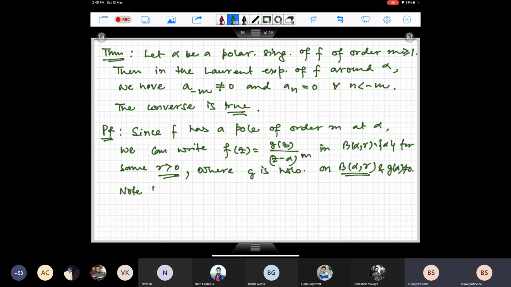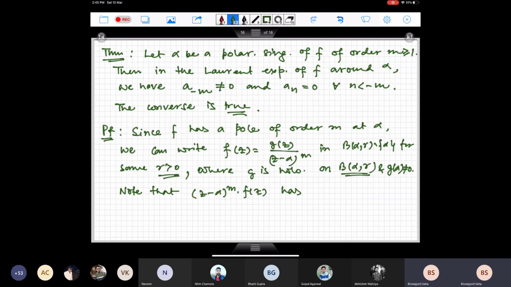Note that if I consider this function (z minus alpha) power m times f of z, this is equal to g of z on the deleted neighborhood, and g is holomorphic on B(alpha, R). So from that, what can I say?